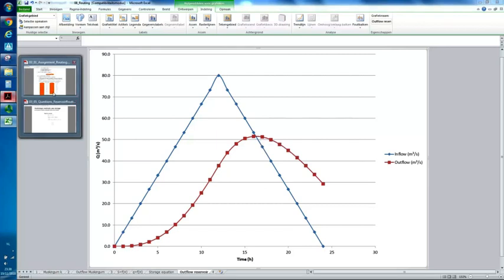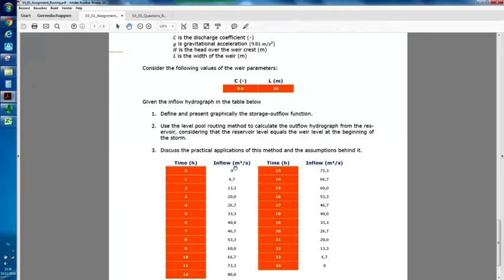So that concludes our exercise on routing. If we look back at possible practical applications of these methods, we can of course say that in this case for the reservoir routing, this can be used to see how the water level above the crest would increase and how the flow out of the reservoir would increase based on a certain known inflow.